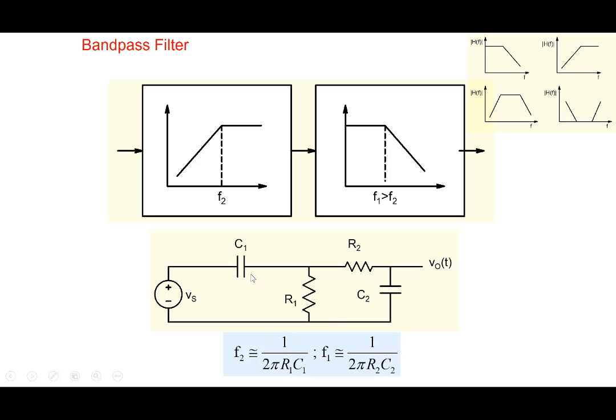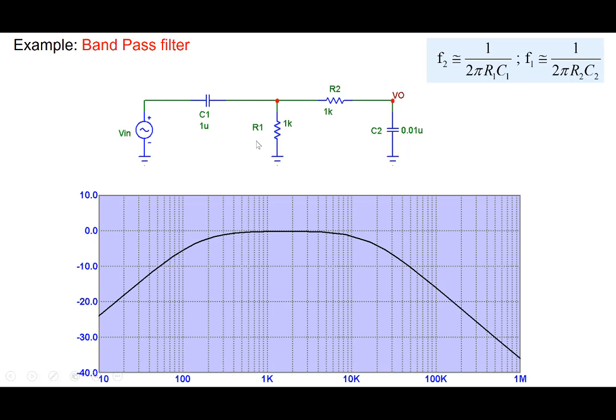And approximate values may be, keeping in mind that the two circuits R2, C2 and R1, C1 do not interfere with each other. In practice, they would, so that's why it's an approximate value here. But let's see how the two circuits work, as an example here. So this is C1, R1 here, this is R2, C2 here.